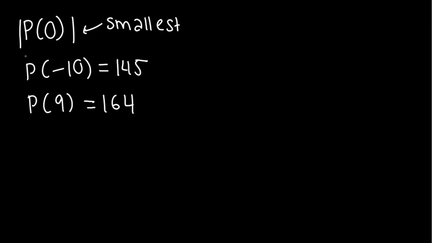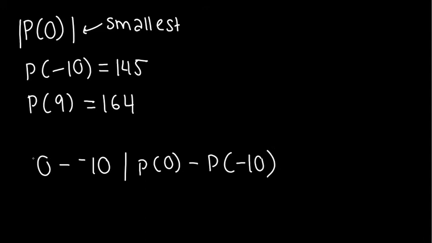So 0 minus -10 means 10 must divide p of 0 minus p of -10. And the same thing for 0 minus 9, so -9 must also divide p of 0 minus p of 9.